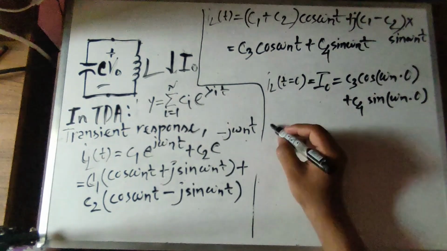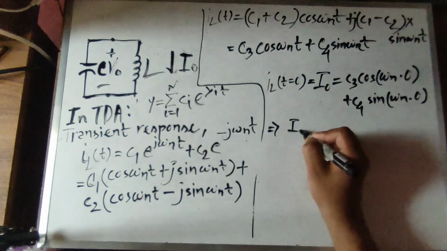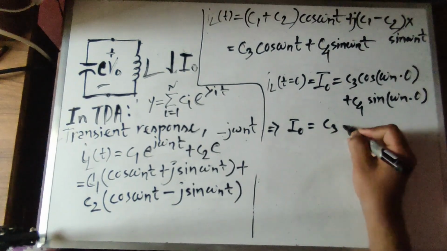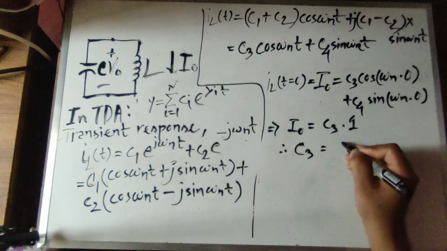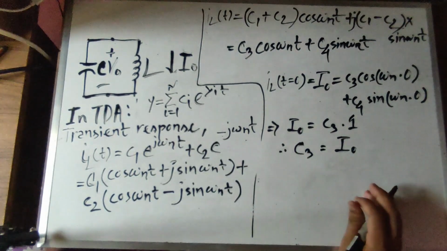This term will vanish, leaving behind I0 equals C3 dot 1. That's why C3 is the initial current.